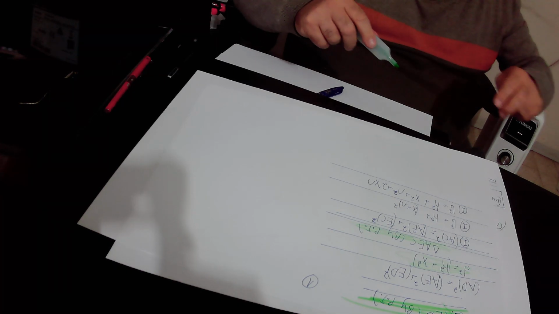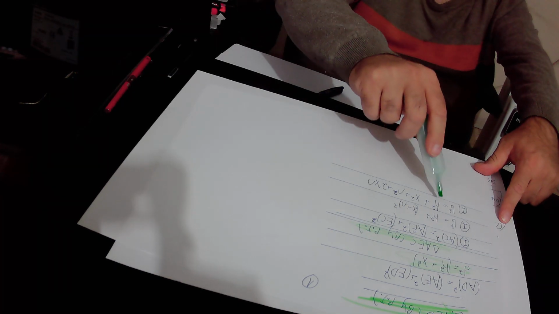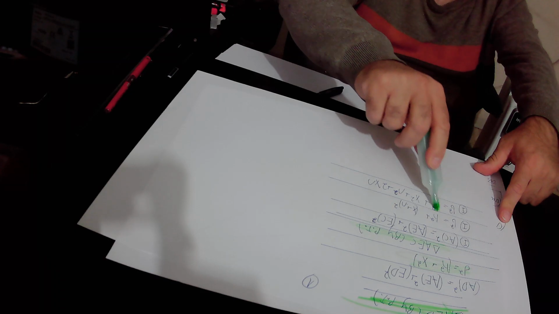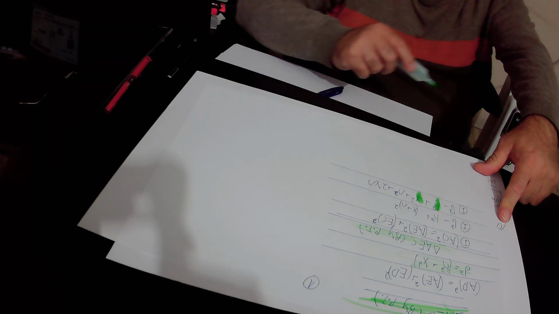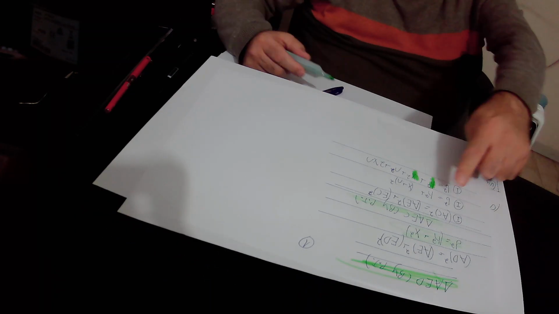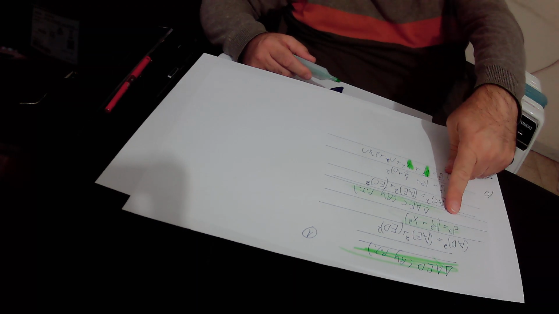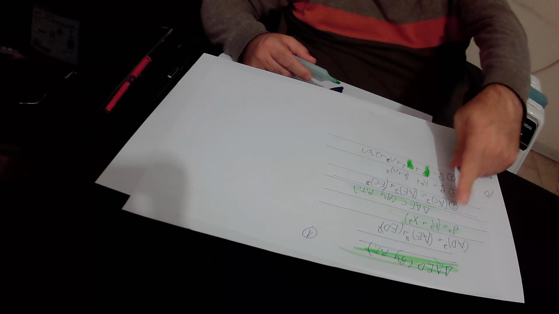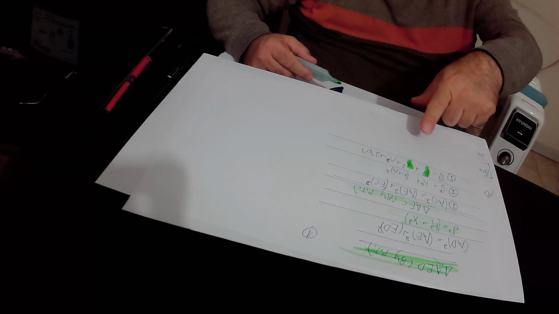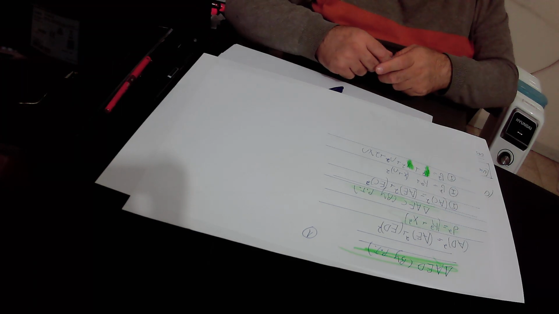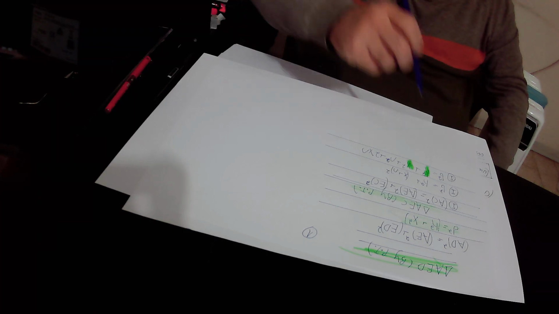In this equation number 1, we have the expression H squared plus X squared. And we already found out that H squared plus X squared equals D squared, so we substitute H squared plus X squared in this equation number 1 by D squared.